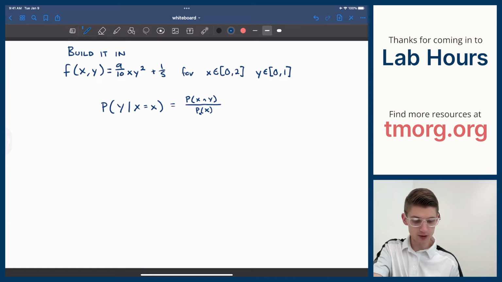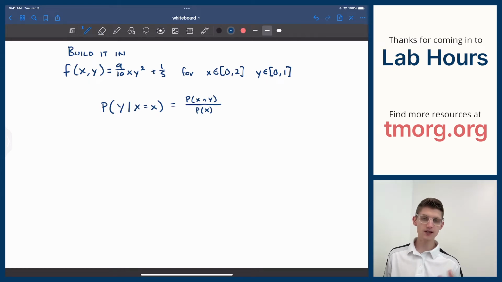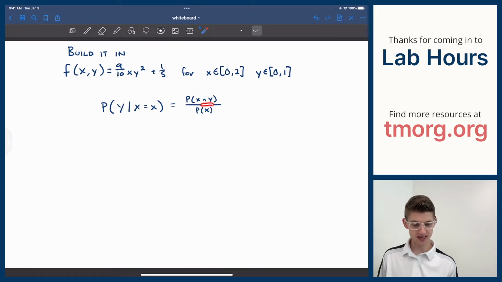That's the old formula: P of x and y over p of x. What's the probability that x happens? And then once I'm in this x universe, what's the probability that I've also hit y?